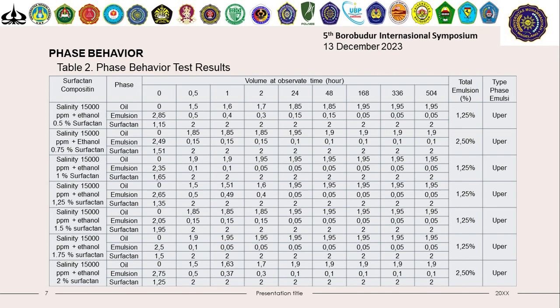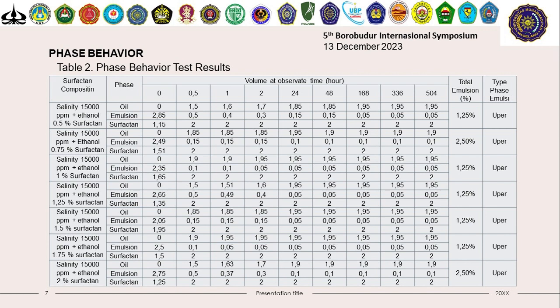Meanwhile, the good results from varying surfactant plus ethanol concentrations of 0.75 and 2% were due to the fact that even though it had an upper phase emulsion type, the total emulsion produced was 1.25% more than the others.